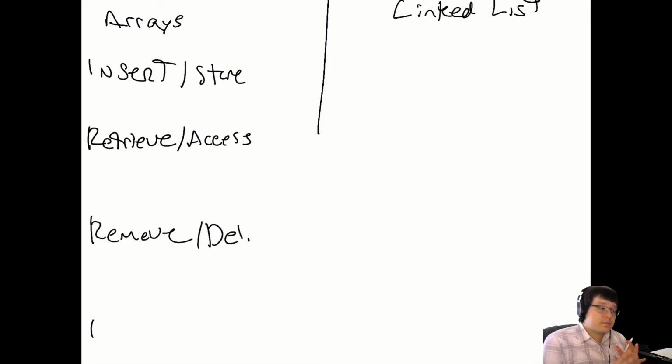Now that we know asymptotic complexities, why don't we analyze the asymptotic complexities of a linked list and an array, because we know those already. That's a good starting point to get warmed up with asymptotic complexities.